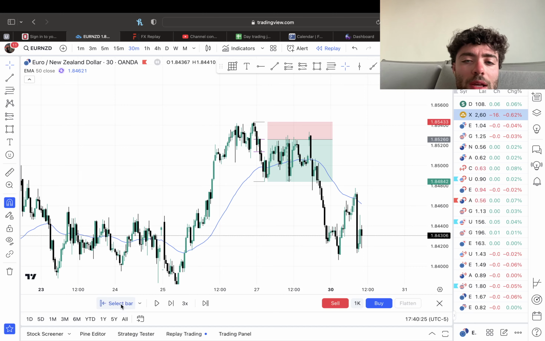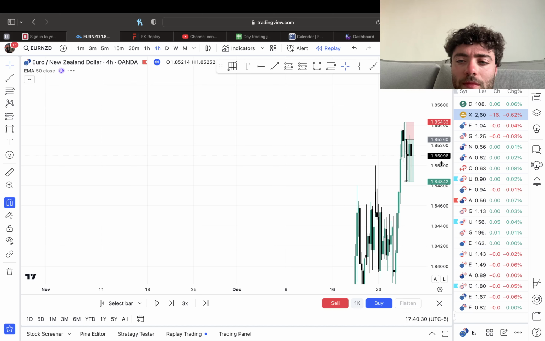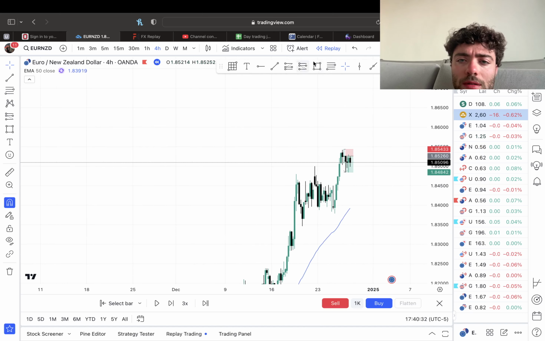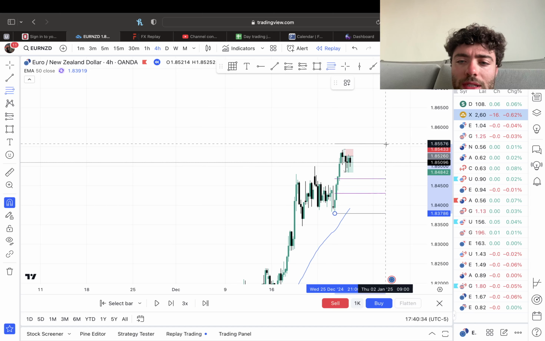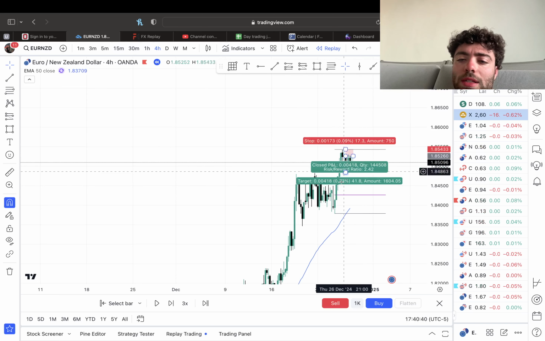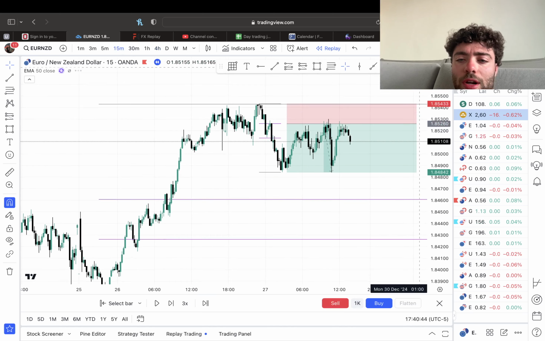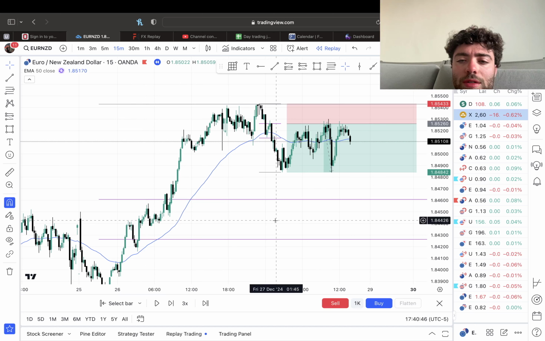So let's go back and let's analyze this for a second. We see on the 4-hour, we're very overextended. We sweep this high, so now I'm looking for a retrace. Hella imbalance to fill. That's my draw, that's my target, all these imbalances and lows here.